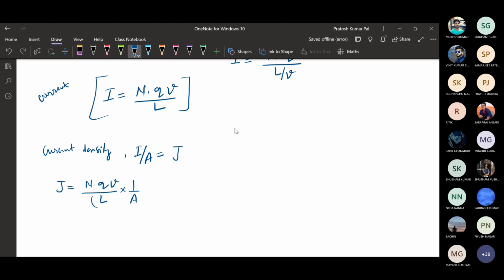So here the terms L and A, L into A basically is the volume. Okay, so it is the volume.